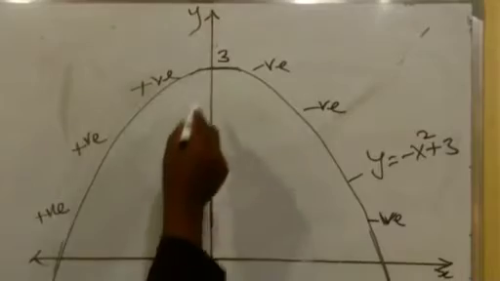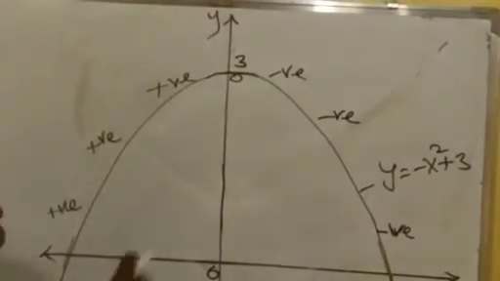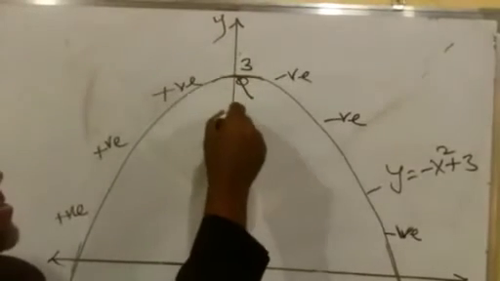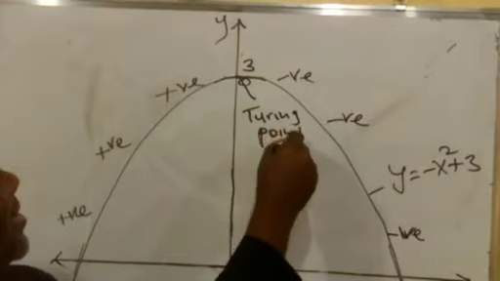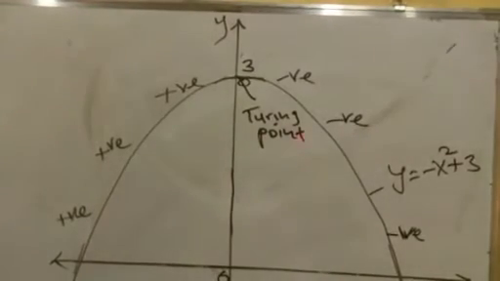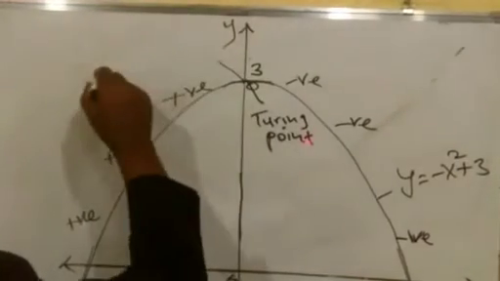This is where our gradient function was 0. So this is where we have our turning point. And this turning point, we are calling it maximum.